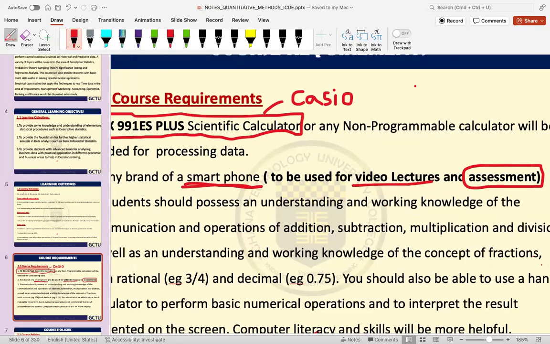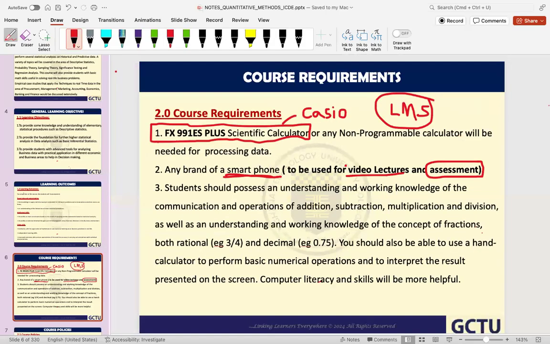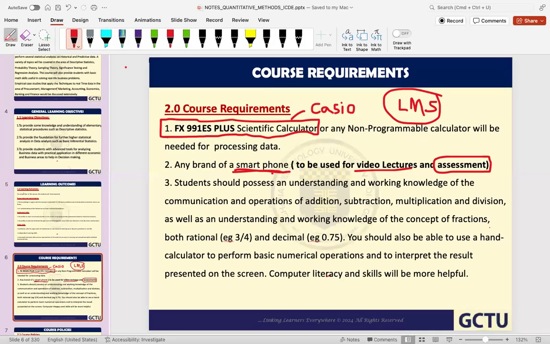I'm using LMS because I'm presuming you have been walked through the learning management system. That is why I keep referring to it as the LMS. So for this slide page, the second point and the first point are very important.